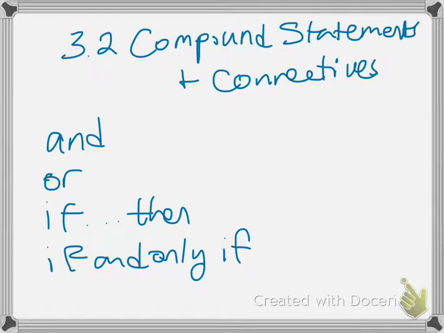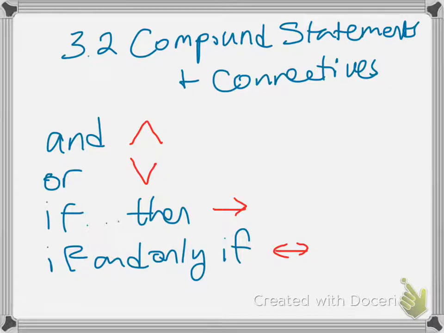We have and, and the symbol for that is an upward pointing caret. The symbol for or is the reverse, a downward pointing caret. If-then is an arrow. And if and only if is an arrow pointing both directions, like that.